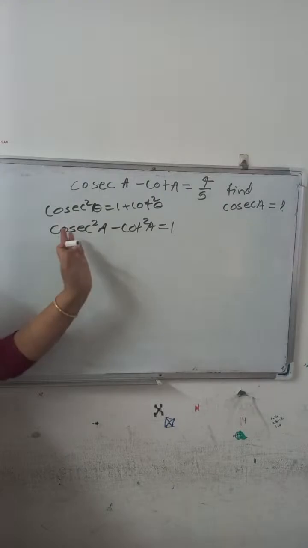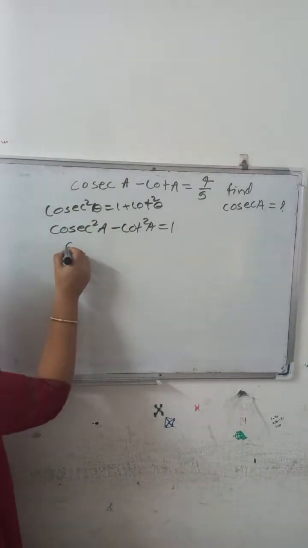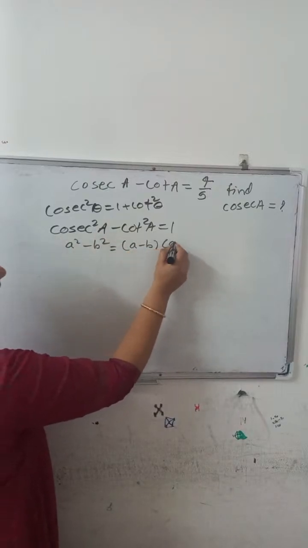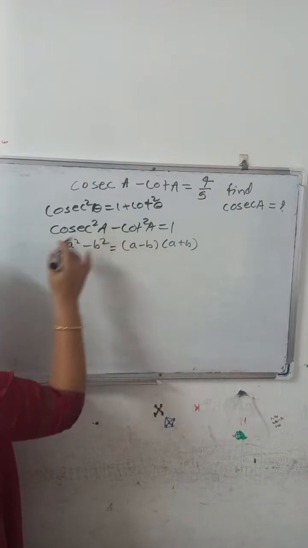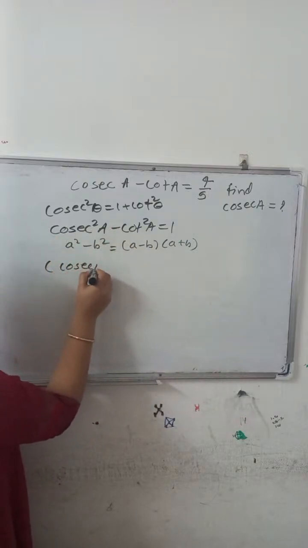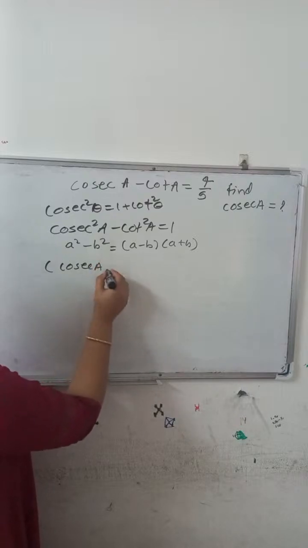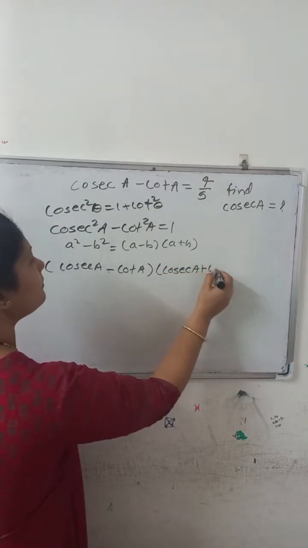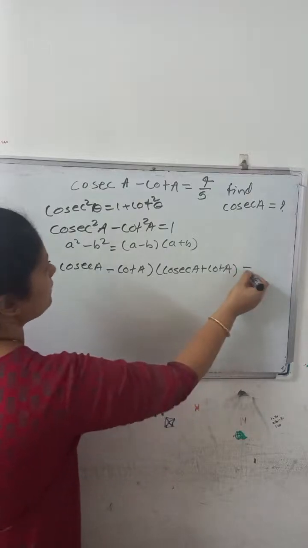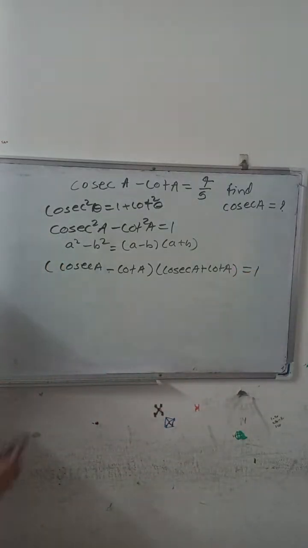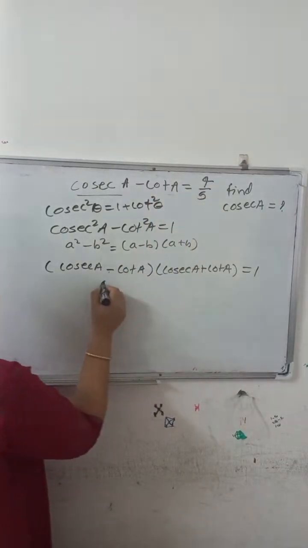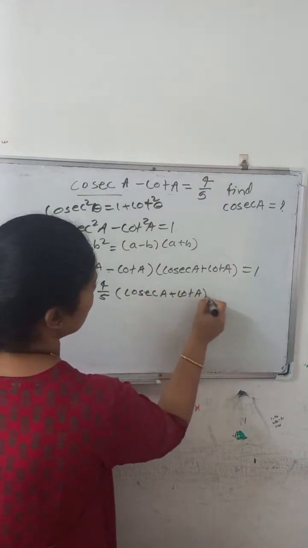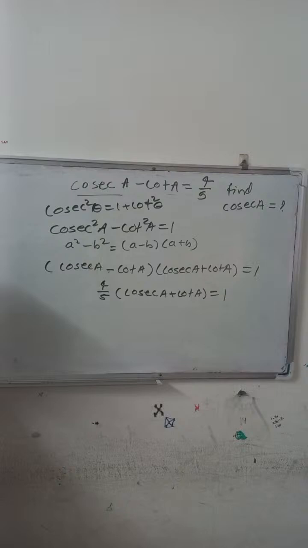So I transpose the cot over here. So this is nothing but a square minus b square, no? So this identity we can use as a minus b and a plus b. So here we can write cosec A minus cot A into cosec A plus cot A is equal to 1. And already I have cosec A minus cot A is nothing but 4 by 5, and here we can write cosec A plus cot A is nothing but 1. Okay, can we write it like this?